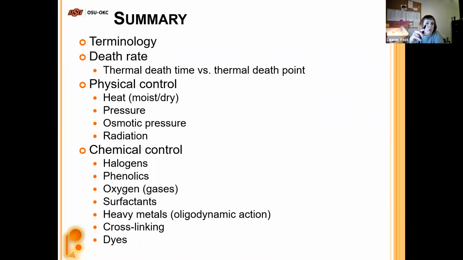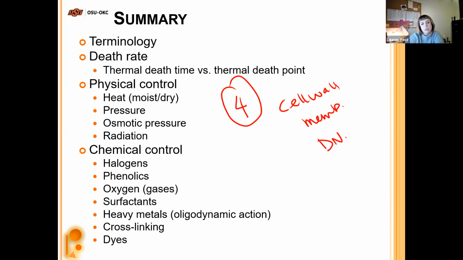Remember the big 4 of how we treat things: attacking the cell wall, the membrane, the DNA functions, and the proteins themselves. Those are the big 4 that these agents will be attacking. Do remember that, and I will see you guys for chapter 12.